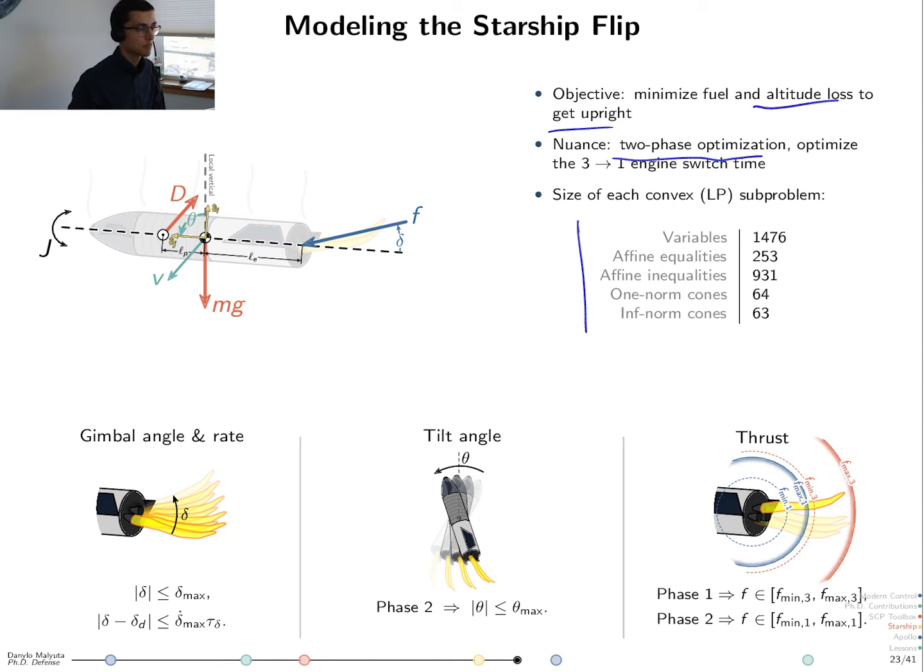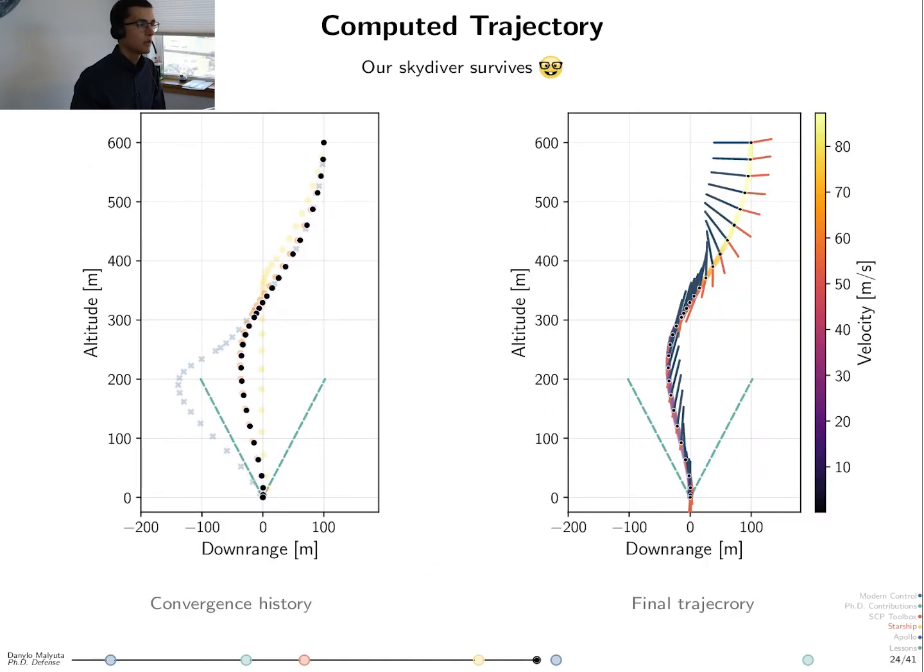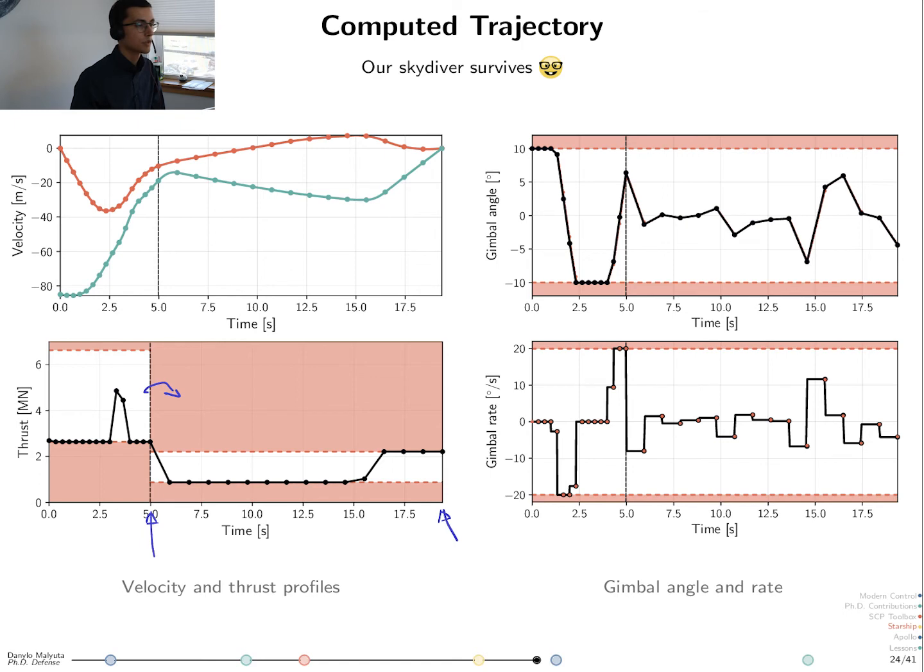And here are the sizes for reference of the sub-problems that are solved in this iterative scheme. So for the solution, we hit solve like before, and we find a trajectory that looks pretty similar to what it looks like on the YouTube videos, which is exciting. Here's what it looks like in terms of the time histories. The gimbal angle, gimbal rates, all constraints that we imposed are satisfied.